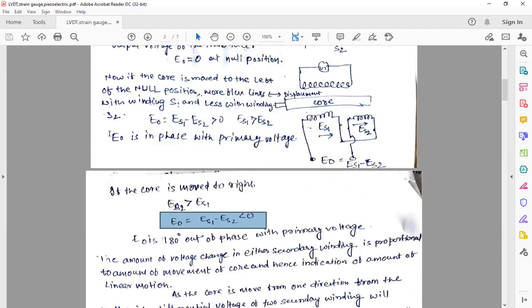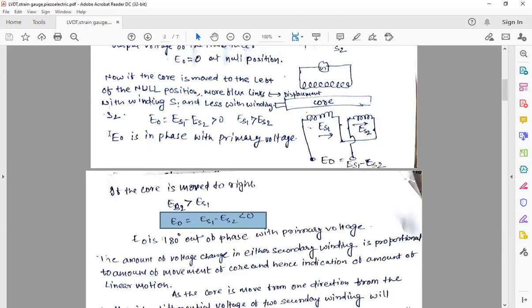When the core moves from the null point to the left, E0, the output voltage, is in phase with the primary voltage. And if the core moves from the null point to the right, the output voltage is 180 degrees out of phase with the primary voltage. So using the LVDT, you can measure the displacement as well as the direction of core movement.